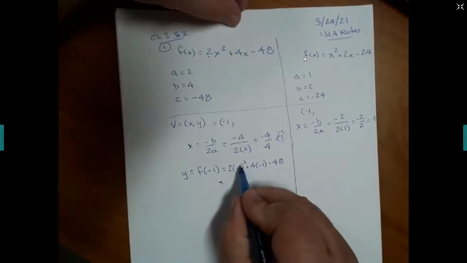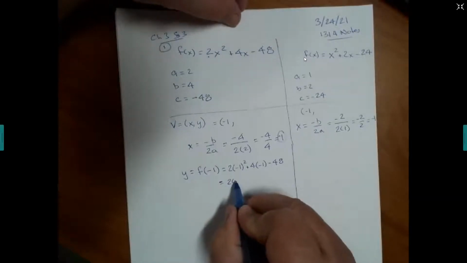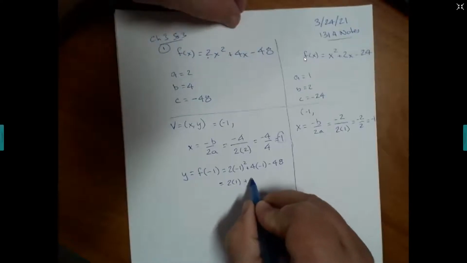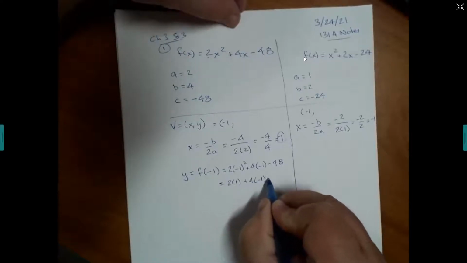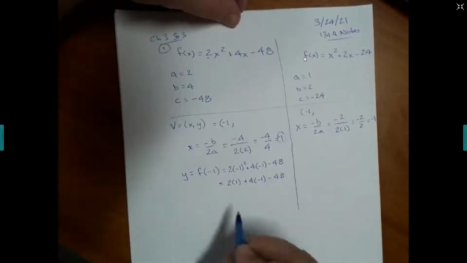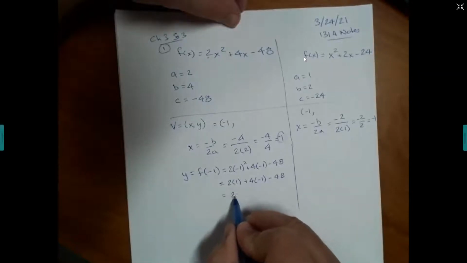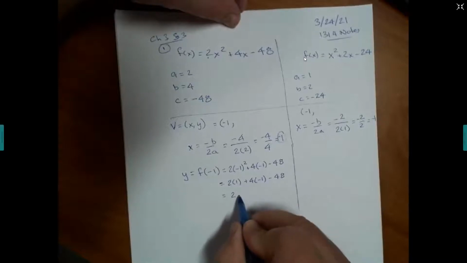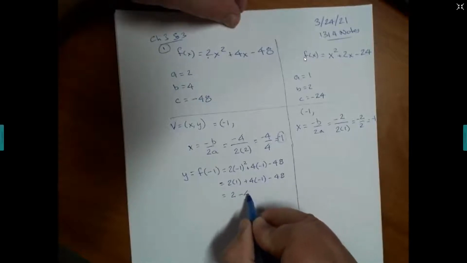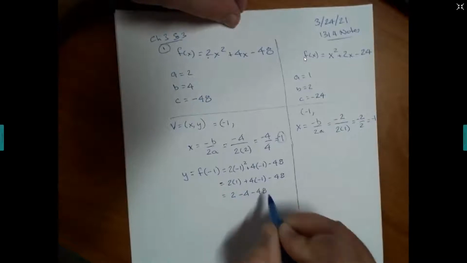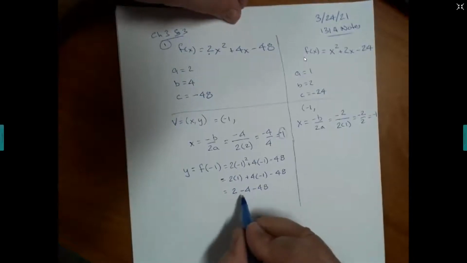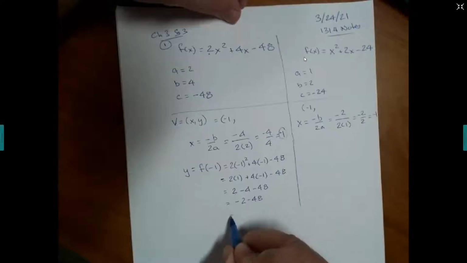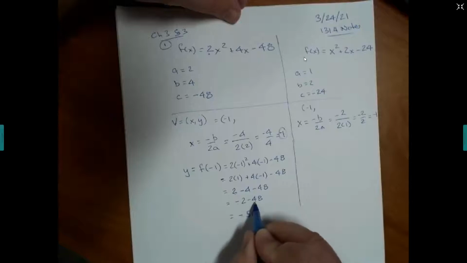Negative 1 squared is 1, so it's 2 times 1, and 4 times negative 1. 2 times 1 is 2. Positive times negative is negative, 4 times 1 is 4. Minus 48. 2 minus 4: 4 is bigger than 2, so it's negative, 4 minus 2 is 2. Since they're both negative, the answer is negative. 48 plus 2 is 50.